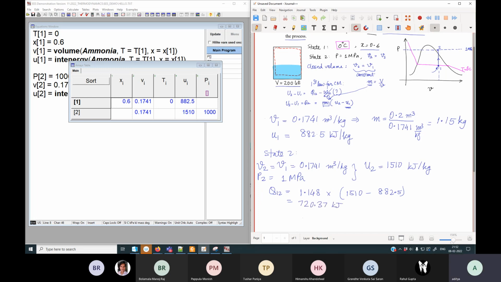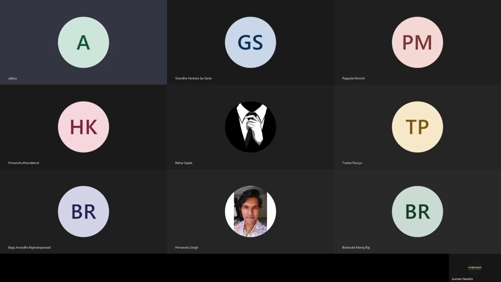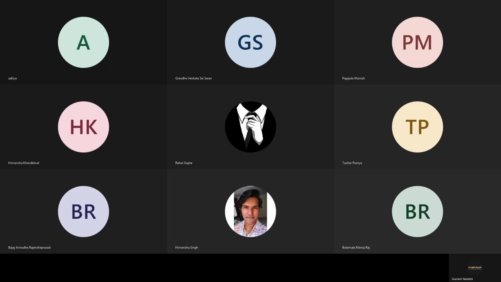This is how you have to approach the problem. Is that fine? Any doubt? The answer given in the book is 720.75 kilojoule. I think we are pretty close.